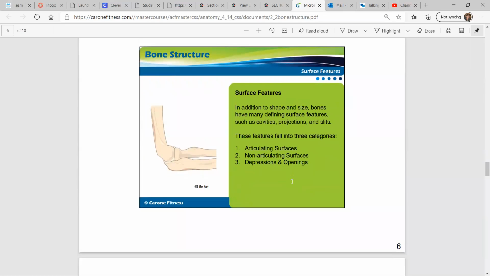Surface features. In addition to shape and size, bones have many defining surface features such as cavities, projections, and slits. These features fall into three categories: articulating surfaces, non-articulating surfaces, and depressions and openings.